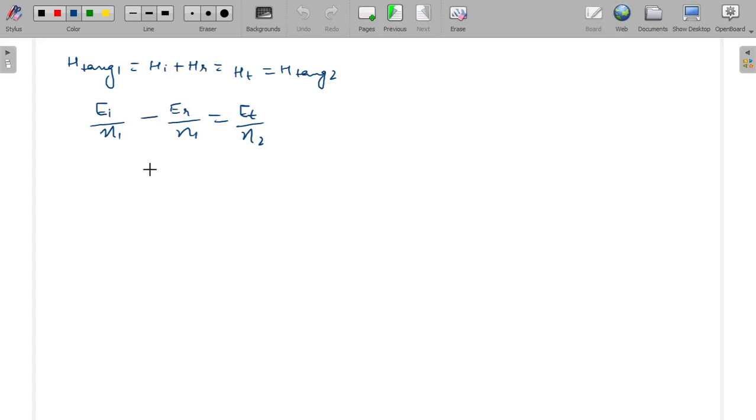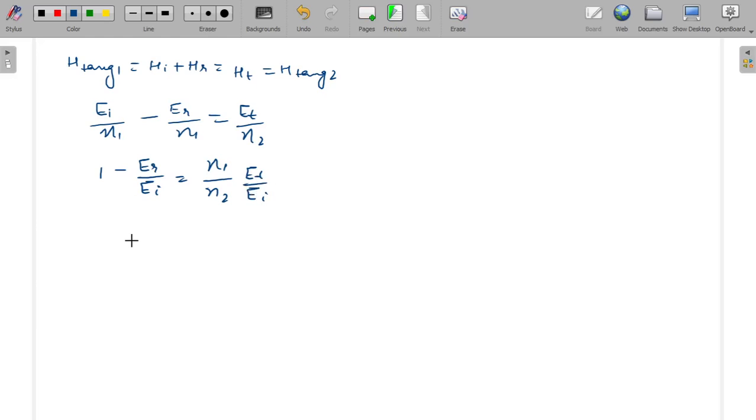Now we will divide by Ei, and take N1 to that side. So it will be 1 minus Er divided by Ei, that is equal to N1 by N2 into Et divided by Ei.